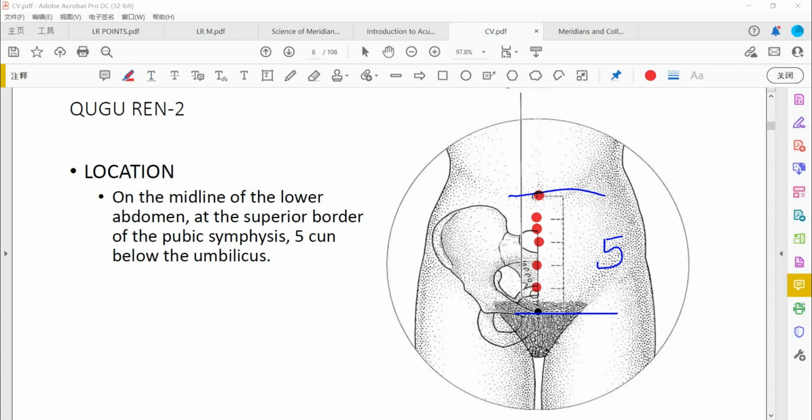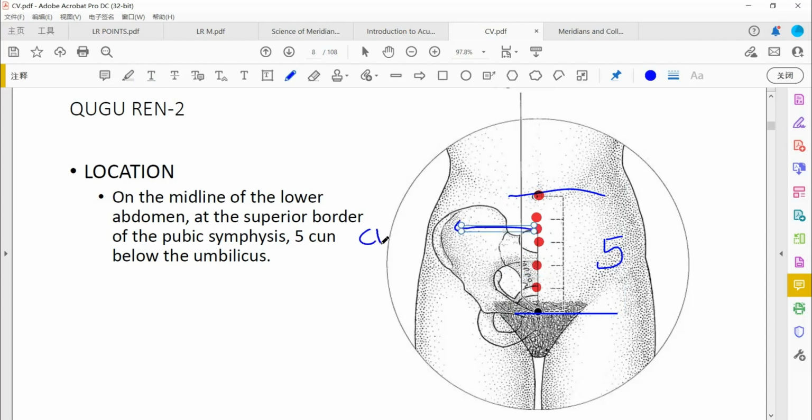This part, CV2, 3, CV3, CV4, CV5, CV6, 7, and 8. So CV6 will be special.